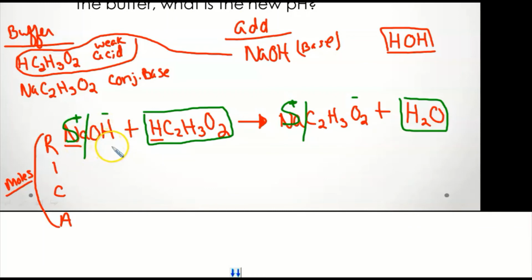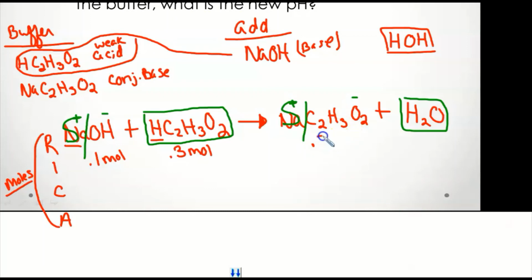All right, we're going to go back up and see how much we had of the sodium hydroxide. We had 0.1 moles of this sodium hydroxide. These are in moles. How much of the acetic acid? Well, we had 0.3 moles. And we had some sodium acetate, because that's a buffer.